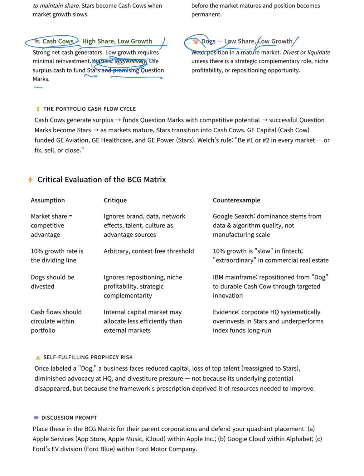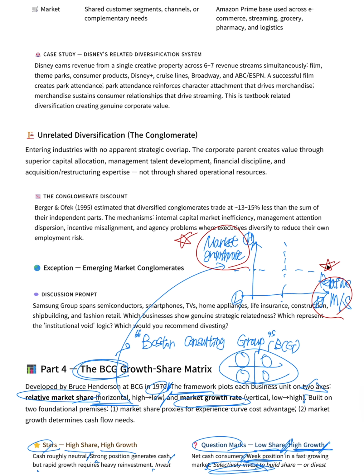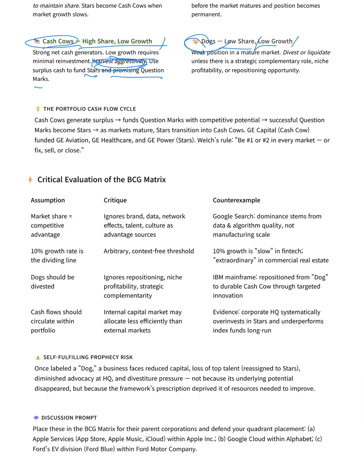Okay, so the portfolio cash flow cycle. The cash cows generate surplus to fund question marks with competitive potential. The successful question marks become stars.